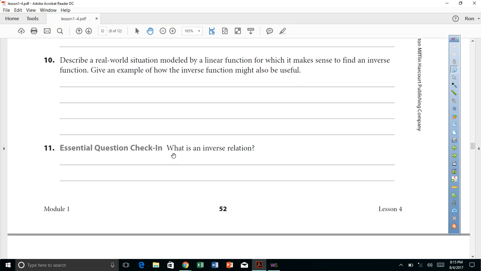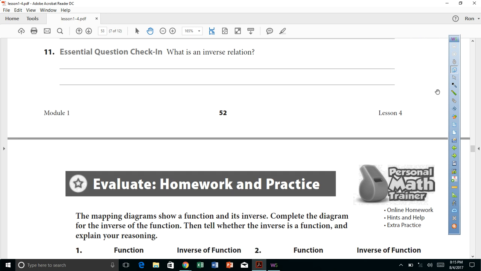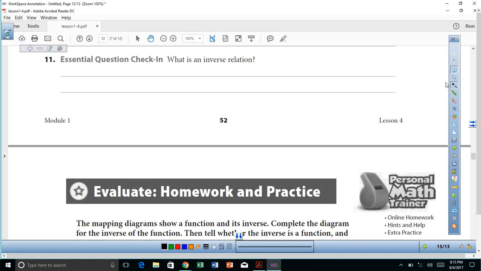Essential question. What is an inverse relation? It is a relation that reverses all the pairings of some other relation.